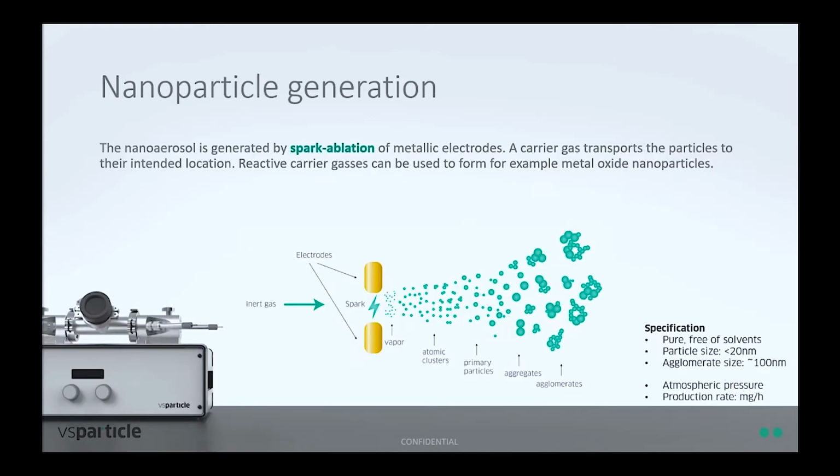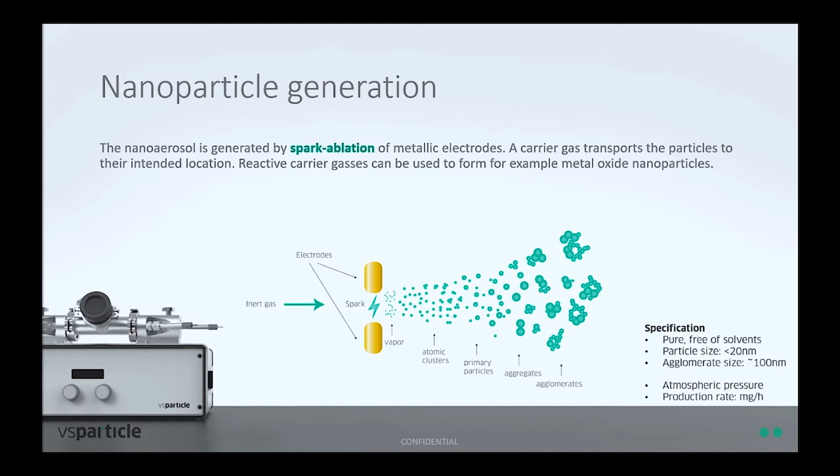The generation of nanoparticles is based on spark ablation. It is based on a physical phenomenon that only requires electricity, a carrier gas, and electrode material. Within the reactor chamber, 2 electrodes of the desired material are mounted opposed to each other with a small gap between them, and a carrier gas flows through that gap.